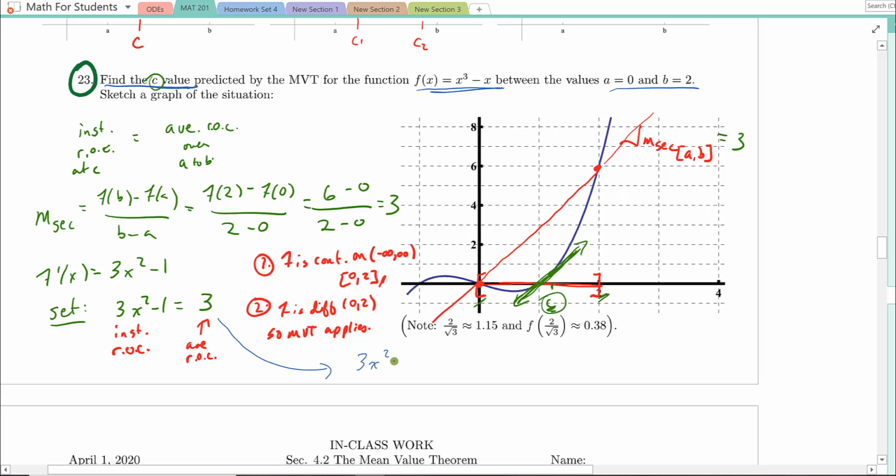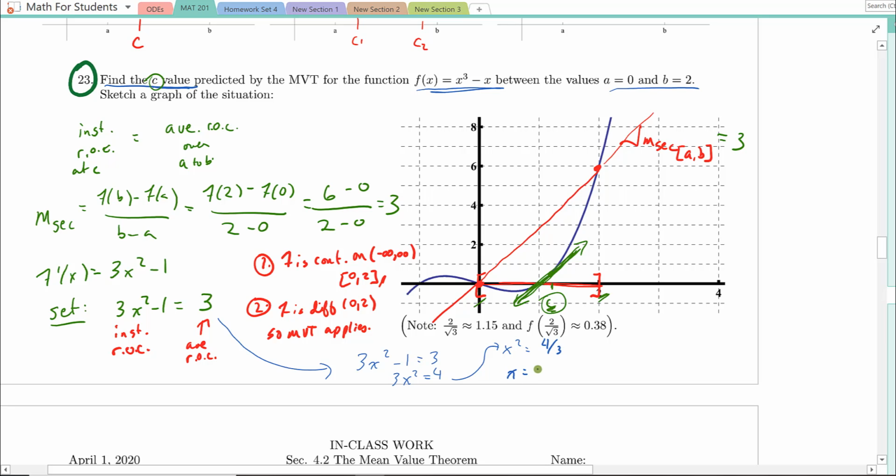We get 3x squared minus 1 is equal to 3, or 3x squared is equal to 4, or x squared is equal to 3/4, or x is equal to plus or minus the square root of 3/4, or, oh, did I have a mistake? Thank you, Stephen. 4/3, thank you.